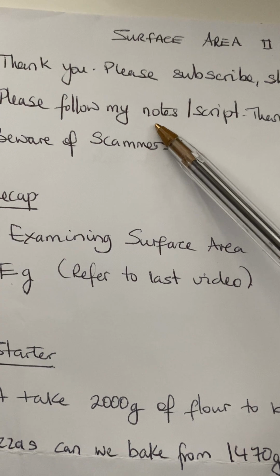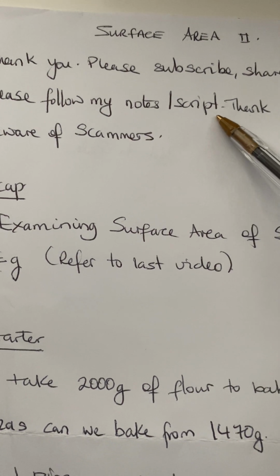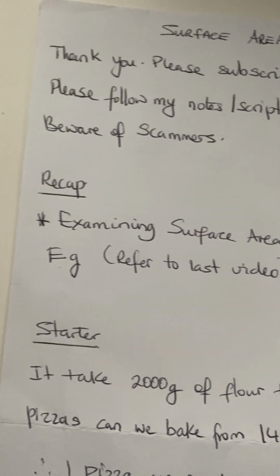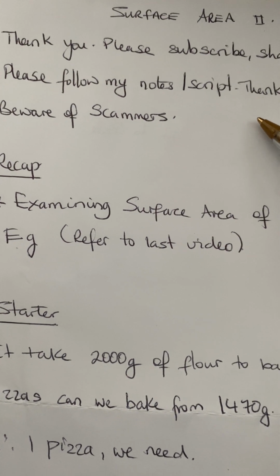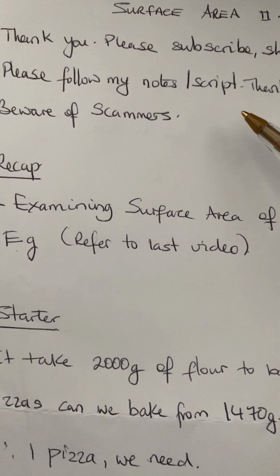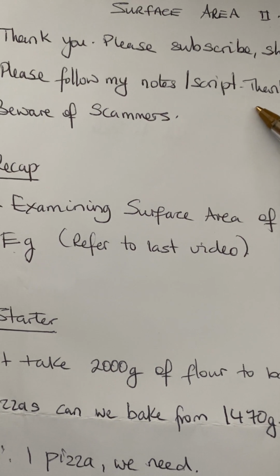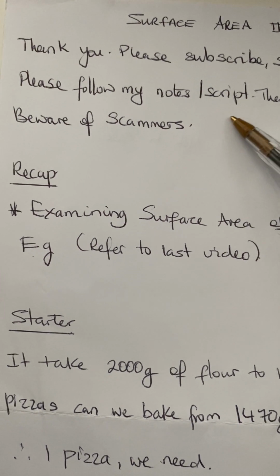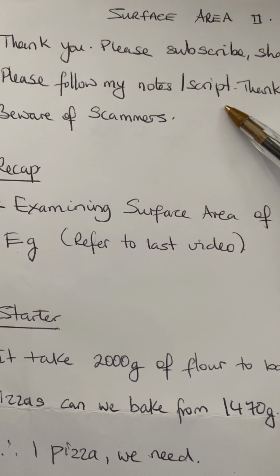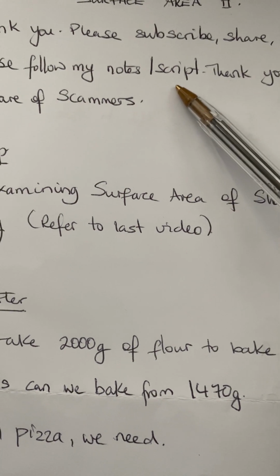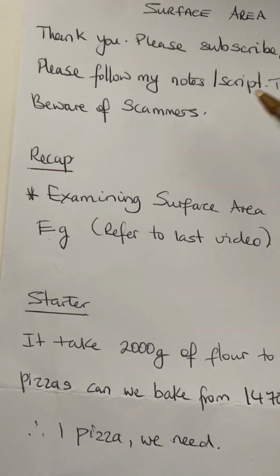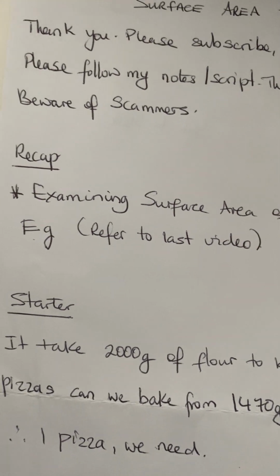I normally write, please follow my notes/scripts. I say this over and over again, but I need to say it because if you don't do that, you might not understand what I'm saying just by listening.